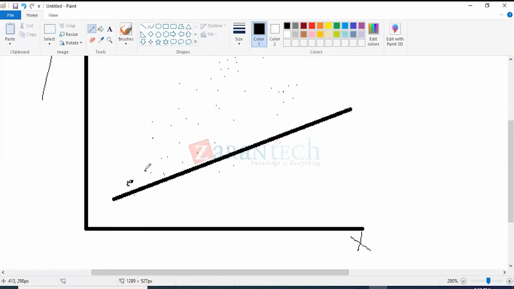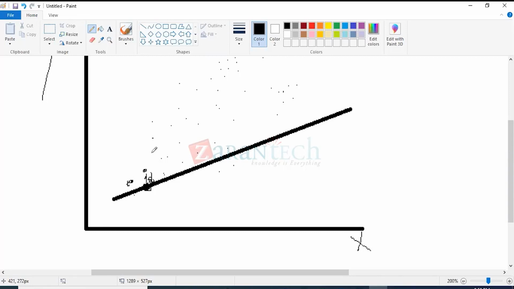This is my actual point, but if I try to predict the value of this based on the value of x, then it is somewhere over here, right? So this difference becomes my residual. Are you guys with me till now? Yeah. Okay.